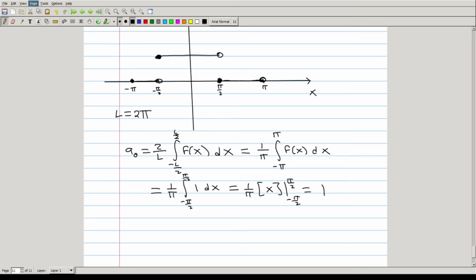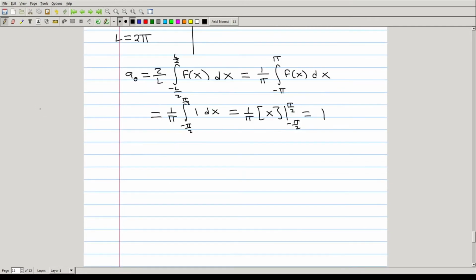And similarly for an and bn, an will end up giving you 1 over pi times the integral from negative pi over 2 to positive pi over 2 of cosine of nx dx.